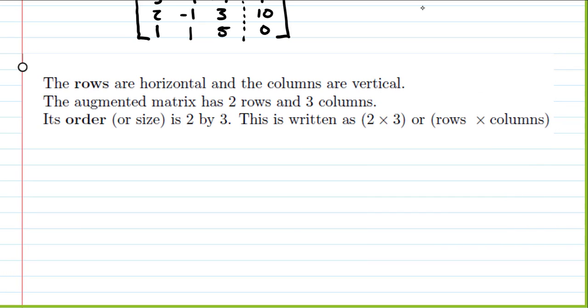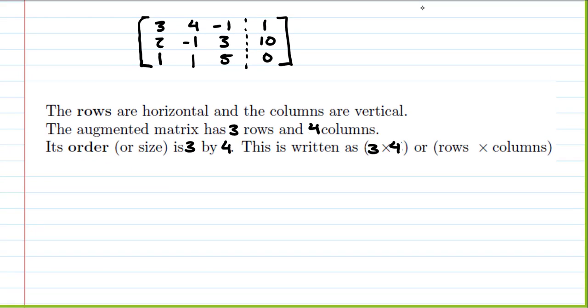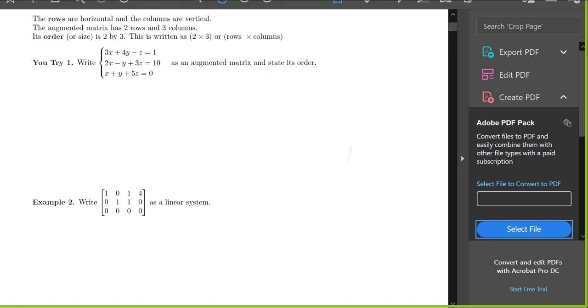This augmented matrix, from the previous example, is going to be a 3 by 4 matrix. The fancy word for the size of a matrix is its order. I'm fine if we just call it size, but if you ever hear the word order, that's what they mean, and it's always rows by columns.